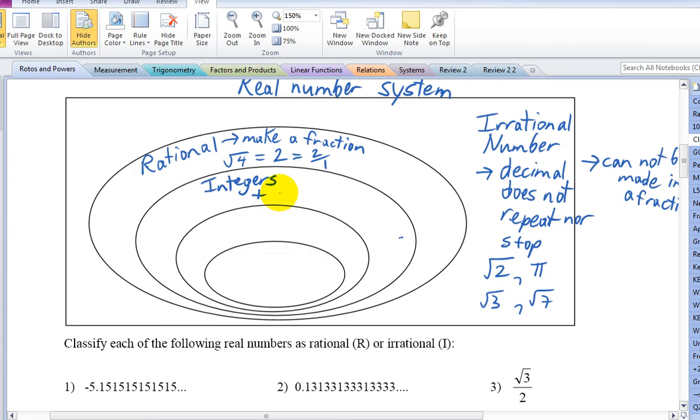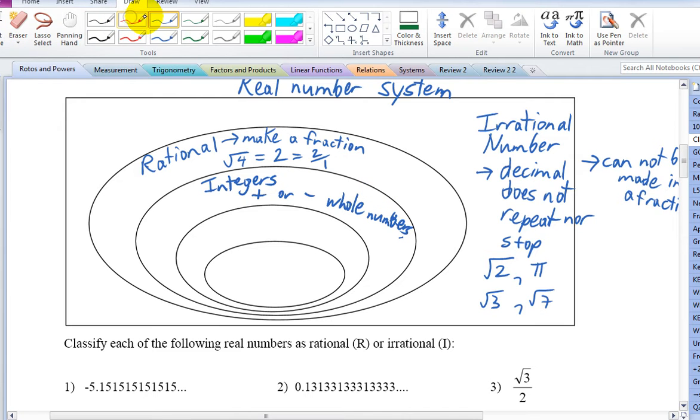Those are plus or minus whole numbers. So basically they're positive or negatives, but they're whole numbers. Outside, in our rationals, those are our fractions, and there are decimals. They can be positive or negative, that's okay.